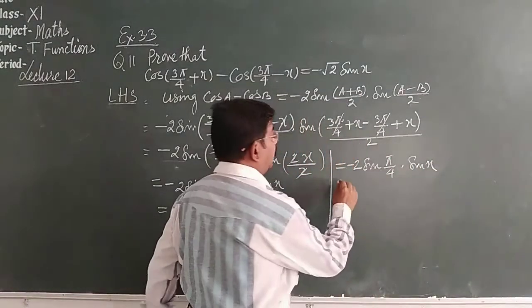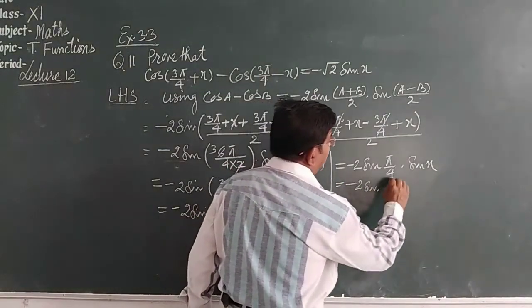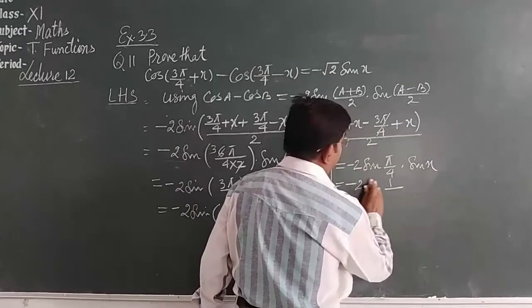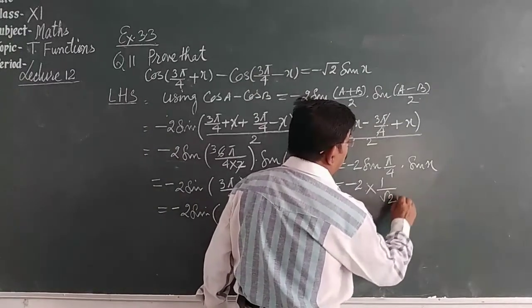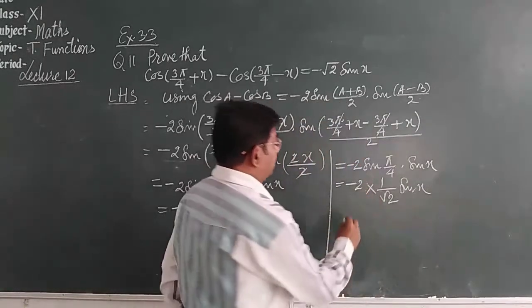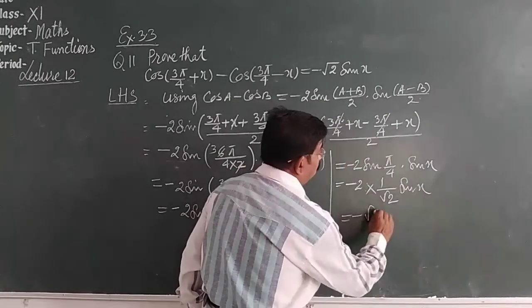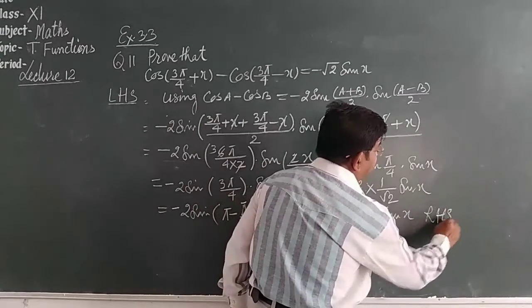Write the value of pi by 4. This is 1 by root 2, so it is minus 2 into 1 by root 2 sine x. If you divide this by root 2, it becomes minus root 2 sine x. This is right hand side.